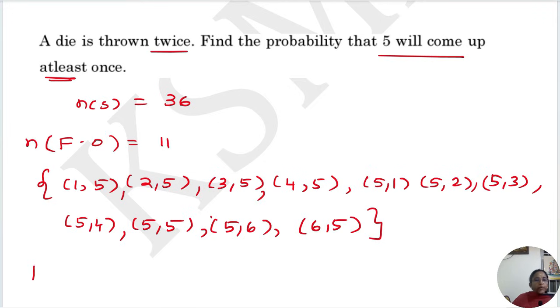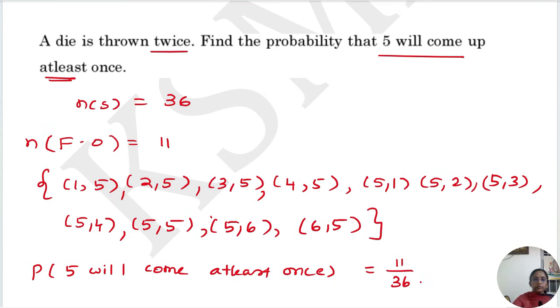So now the probability that 5 will come up at least once is 11 over 36.